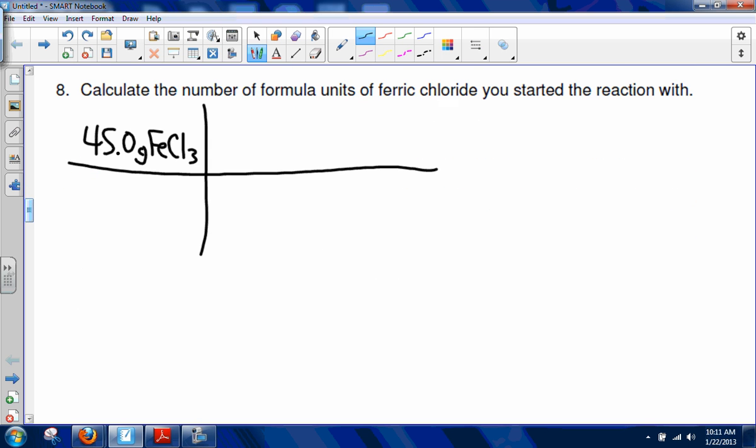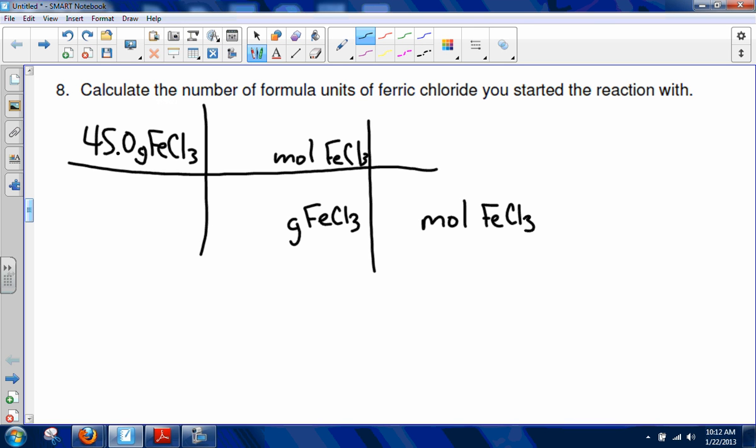Nope. So where do I have to put grams? On the bottom. So what do I have to put on top if I put grams? Moles. I don't want my answer to be in moles, though, do I? I put moles on the bottom. What else can go with moles? Other moles. But what am I looking for? Formula units. Those can also go with moles.